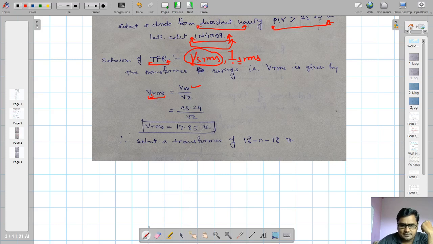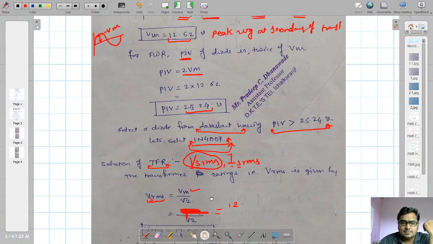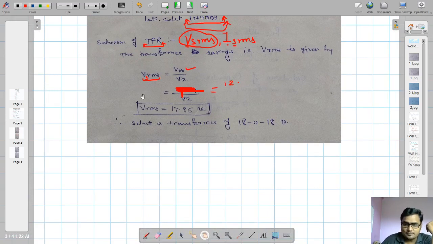See, there is a small mistake. Instead of this 25, what I need to write is Vm by root 2, where the value of Vm I have calculated as 12.62. Sorry, there is a small problem. Am I audible? So 12.62 divided by root 2.